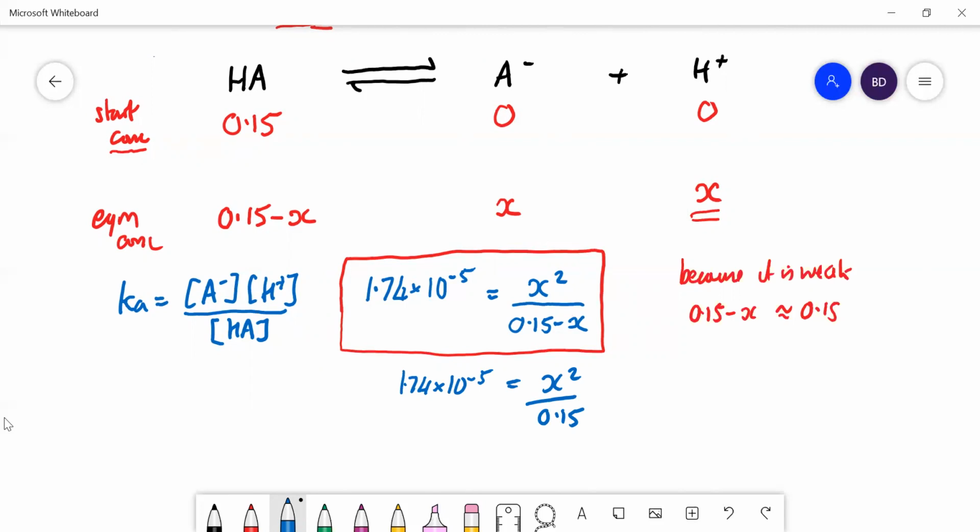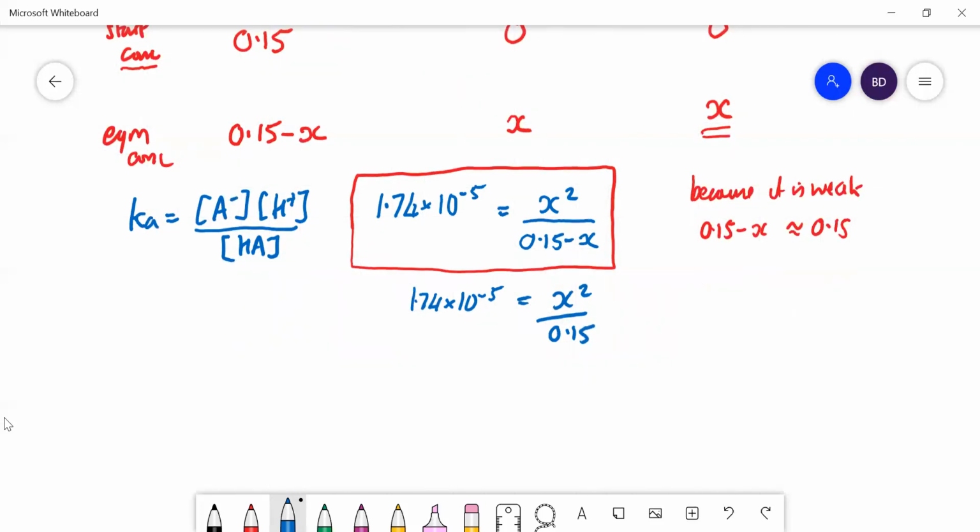So we get X squared is equal to 0.15 times 1.74 times 10 to the minus 5, which is 2.61 times 10 to the minus 6. And don't forget X is equal to the H plus concentration.